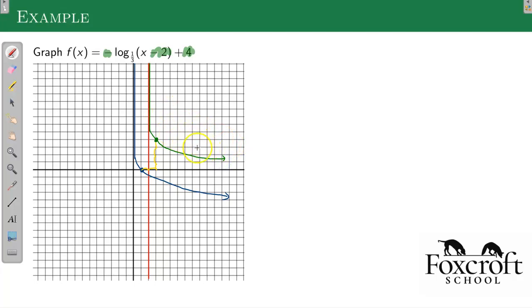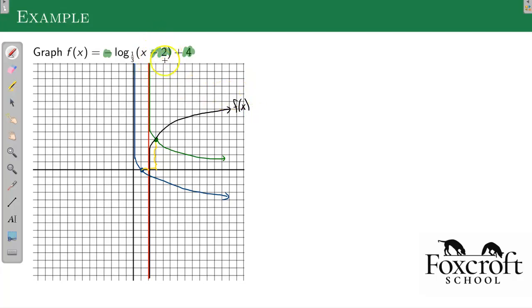But this is not my final answer, because there's one thing I haven't done yet, and that's the negative sign. The negative sign just flips my graph upside down. So instead of being vertical at the top, this one's actually going to be vertical at the bottom. Let's do it in black. Going up to that point, and then turning through. So this will be my final graph of f of x.